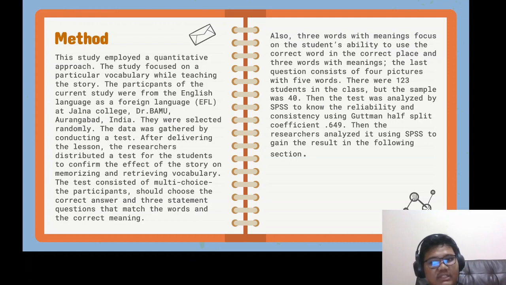There were 123 students in the class, but the sample was 40. Then the test was analyzed by SPSS to know the reliability and consistency using Guttman split-half coefficient, 0.649. Then the researchers analyzed it using SPSS to gain the result in the following section.